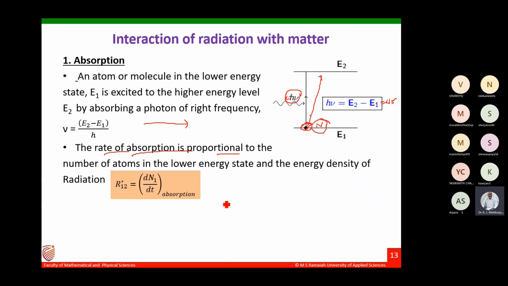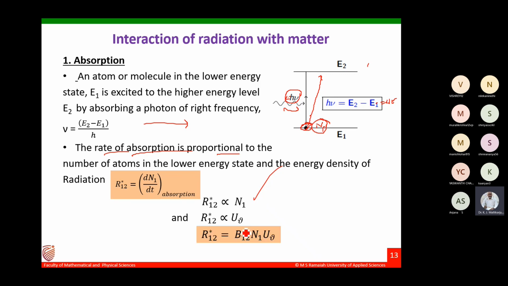The general definition for this rate of absorption is how fast the number of atoms in the lower energy level changes as a function of time. dN1 by dt is the rate of absorption, and that depends on how many atoms are there in the ground state, and also on the energy density falling on the given system. Therefore, R12 star depends on N1 as well as u nu.